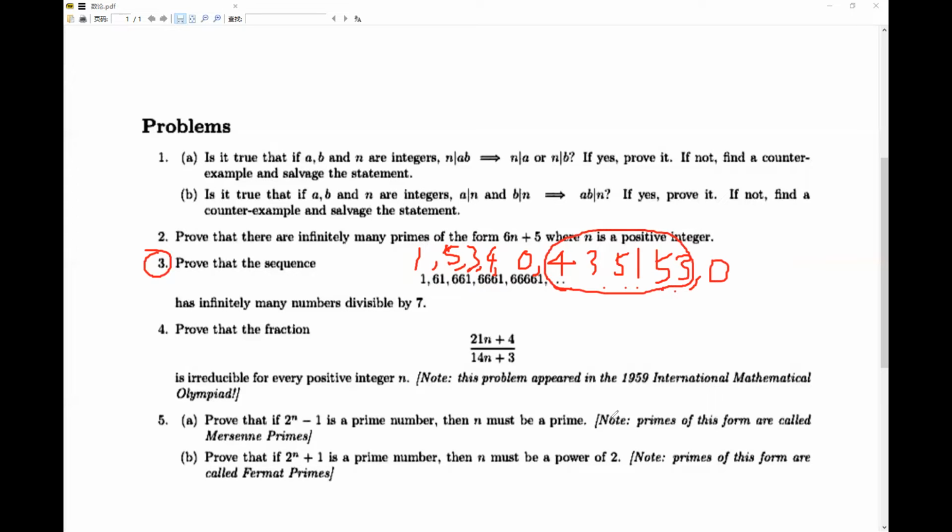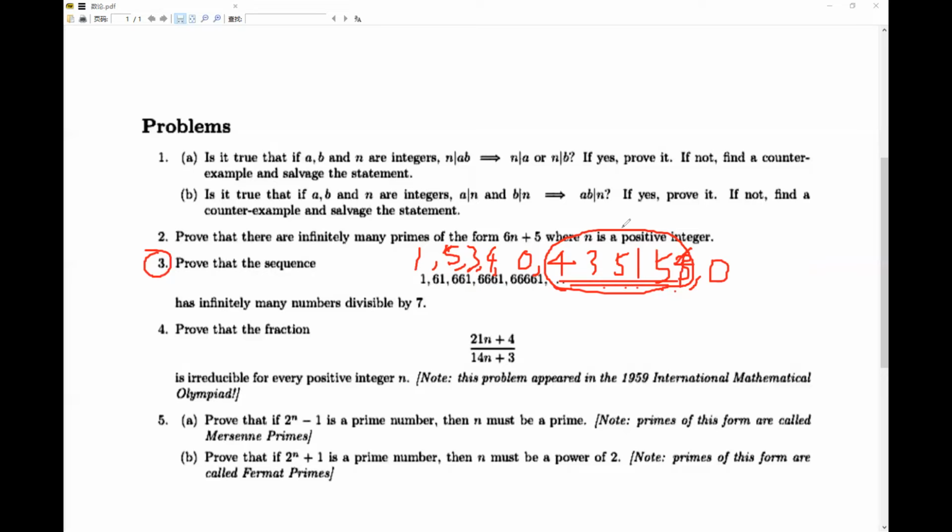Let's check. How many? So there are 4. No, something may be wrong here. Or 1, 5.